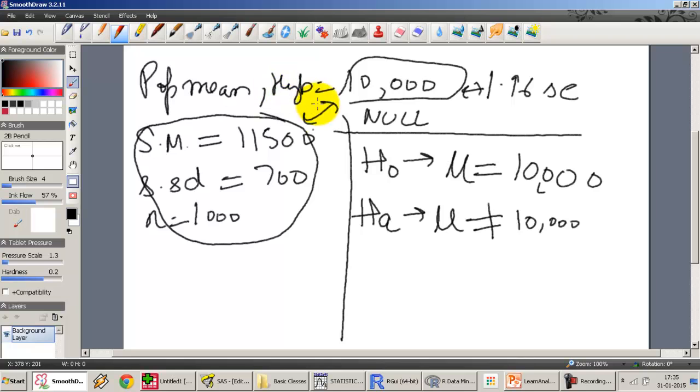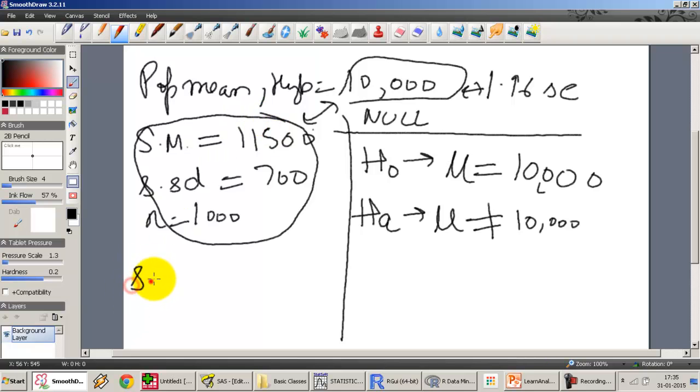Such a difference can happen due to sampling error. But if this difference is larger than the difference that can happen within 1.96 standard errors, we can say that the population mean is likely to be something else, because such a sample is unlikely to come from a population of mean 10,000. Therefore, the difference has to be divided by the standard error.